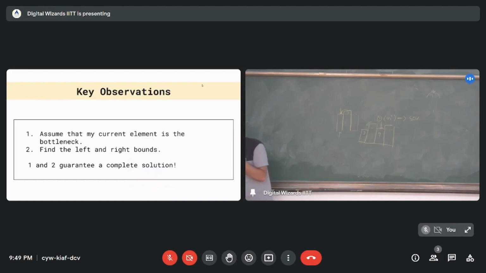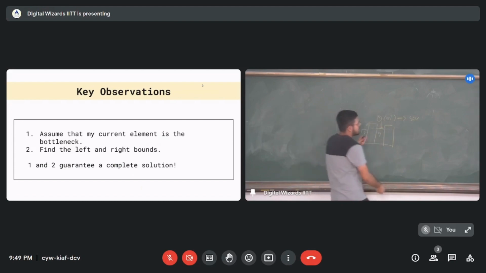By definition, it is the smallest number present in that histogram. If you find some lesser number, that violates the principle that this is the bottleneck, right?